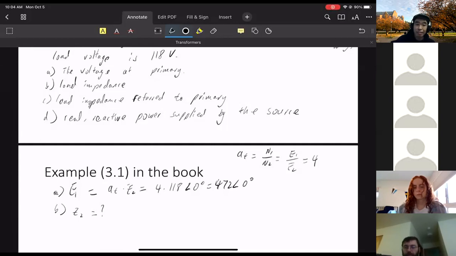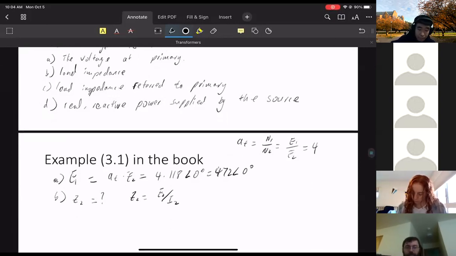When you square something with complex numbers, it's a little bit tricky, because there's a real and an imaginary part. So a safer way is to use the following equation: Z2 is E2 over I2. Ohm's law works for complex or real numbers.